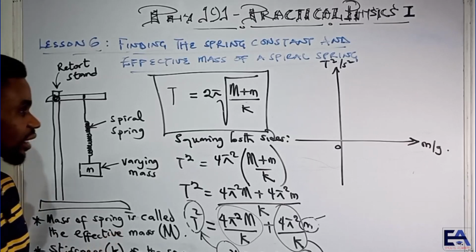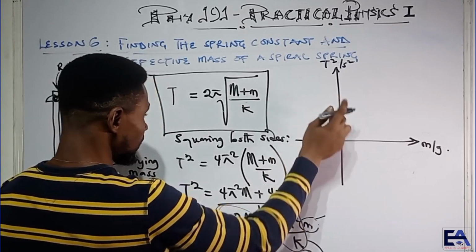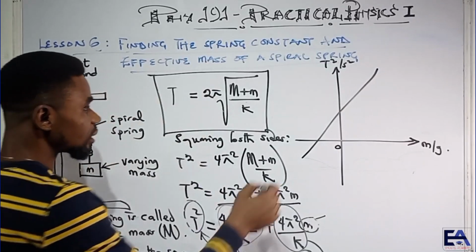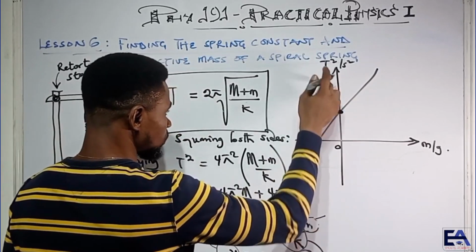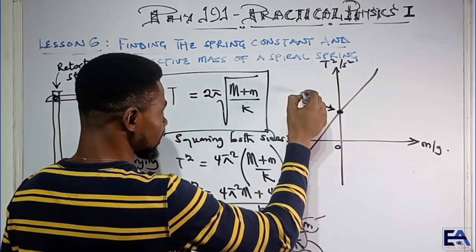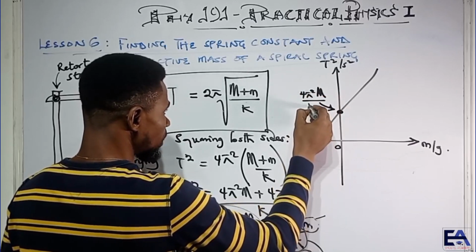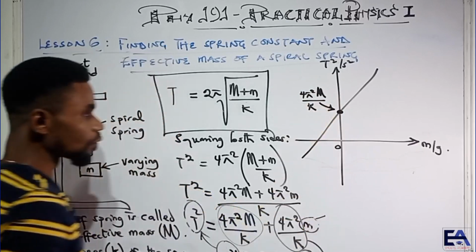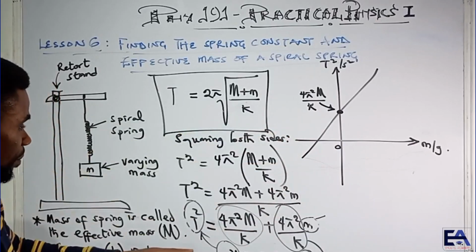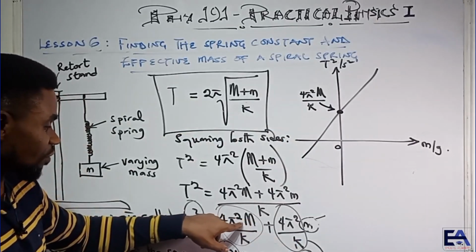If you plot the graph, it has a positive intercept across the t-squared axis, and the intercept is giving us 4 pi squared big M over k. So knowing the value of k from the slope, we'll be able to find the value of M from the intercept.